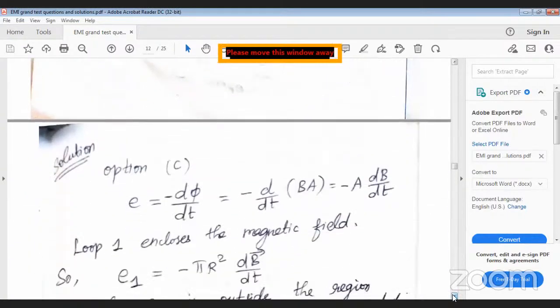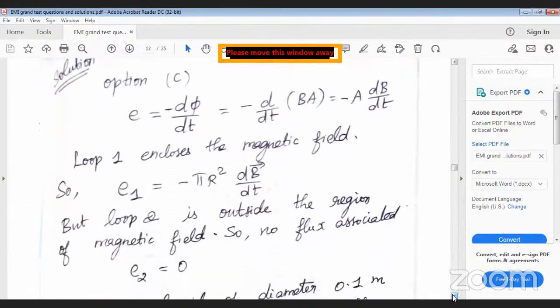For that, EMF E equal to minus d phi by dt, that is minus d by dt of BA. You can take A outside because the area is constant, leaving dB by dt. So the EMF for the first loop is minus pi capital R squared, because this is the area for loop 1, into dB by dt.